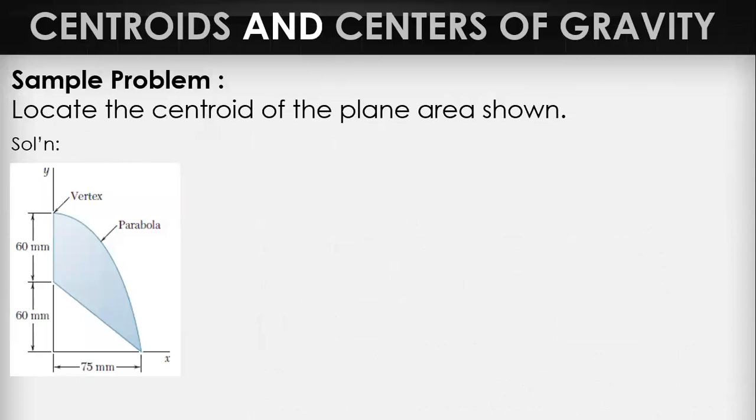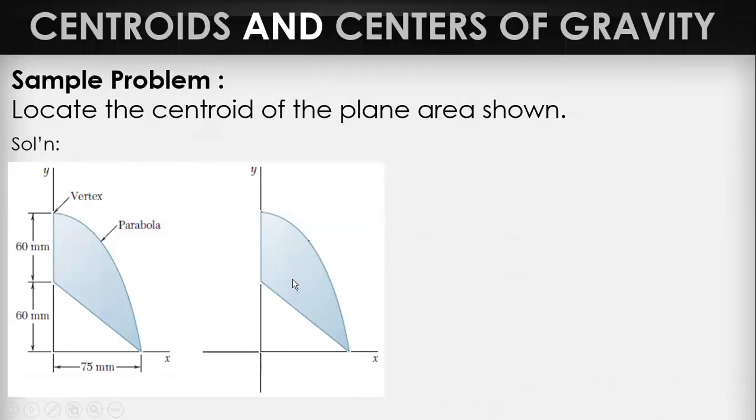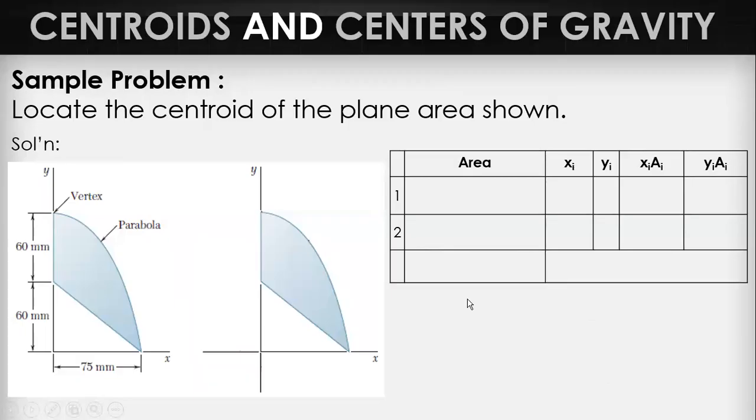Another problem. Locate the centroid of the plane area shown. This one. Actually, the shaded area is equal to a semi-parabolic area minus a triangle. So we have two elements, the semi-parabolic area and the triangle.